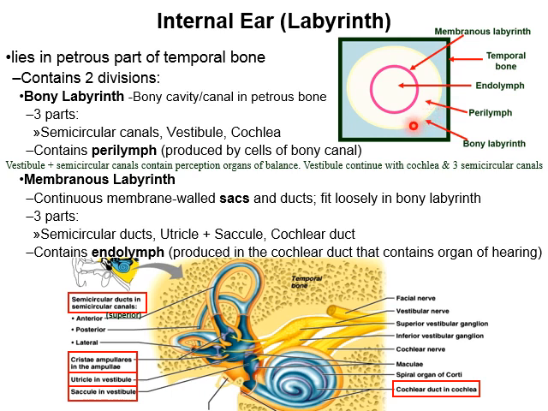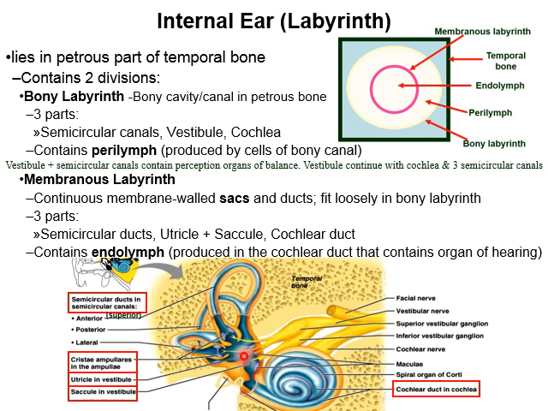Inside it, there is a bone called the bony labyrinth. The cells of the bony labyrinth produce fluid called perilymph. The perilymph has inside it another structure called membranous labyrinth. The cells of the membranous labyrinth produce fluid called the endolymph.